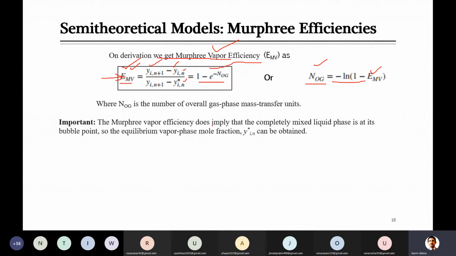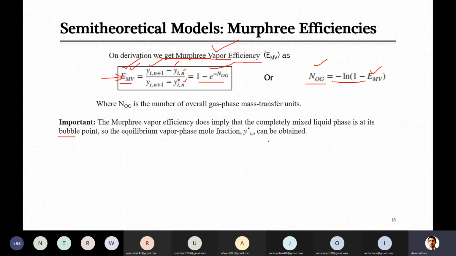So Murphree vapor efficiency does imply that the completely mixed liquid phase is at its bubble point, so that the liquid equilibrium vapor phase mole fraction can be obtained. Yes, if you have to use this equation, you can consider that on the surface of the tray the liquid is at its bubble point, and when you know its temperature, we can measure the temperature inside the columns by installing various temperature measuring devices.